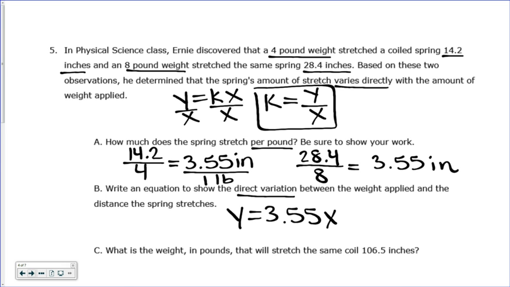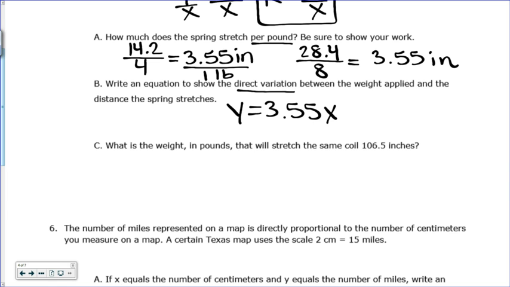And part C, what is the weight in pounds that will stretch the same coil 106.5 inches? So looking at my equation, y equals 3.55 times x. 106.5 inches. I need to decide if that is my x value or my y value. I want to know how much weight is applied to get to 106.5 inches.